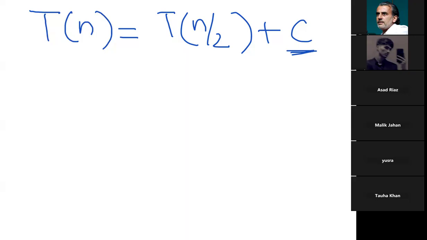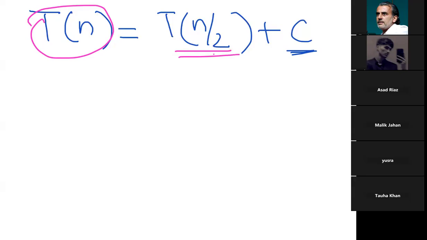This expression says that the number of steps required to search an element in an array of size n is notated as Tn, and it can be formulated recursively, because our function is recursive, as the amount of time required depending on the same thing over half of the array plus some constant number of steps.